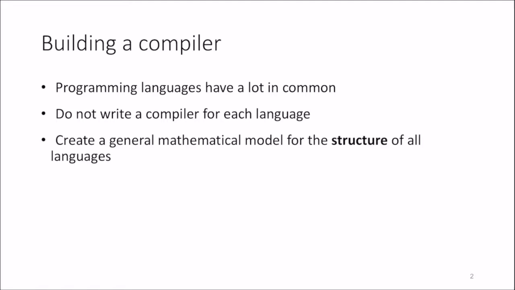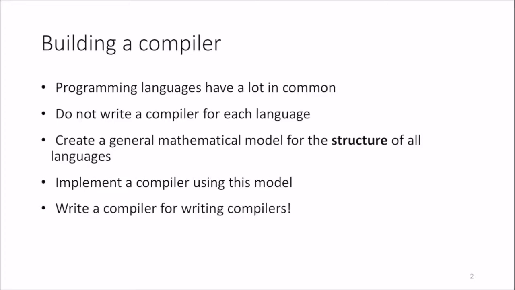So the key insight in compiler design is you use and exploit a general mathematical model for the structure of all programming languages. And what makes it easy then is we implement a compiler using this model.